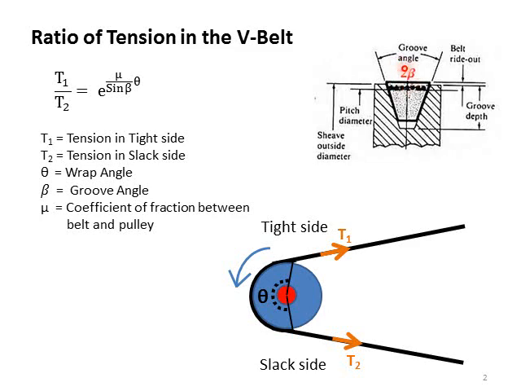So because of this configuration, the ratio of tension in the V-belt is slightly changed from the flat open belt. So in case of V-belt, the ratio of tension T1 to T2 is equivalent to e raised to power mu by sine beta into the wrap angle theta.